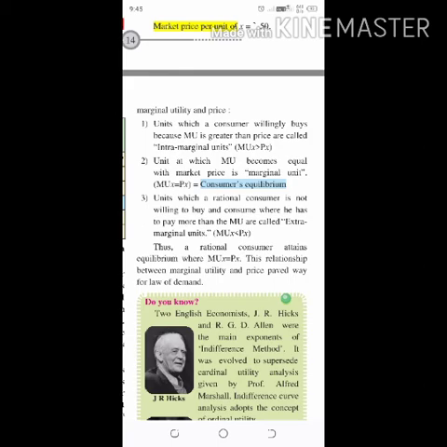This relationship between marginal utility and price paved the way for the law of demand. It means the consumer will always buy the thing at the price he wants to buy, that is the price which is equal to the actual consumption he wants to do and the actual utility that is going to be derived.